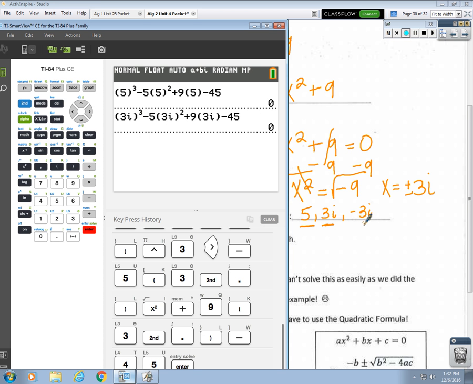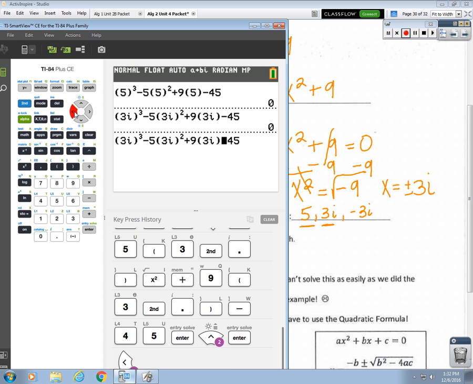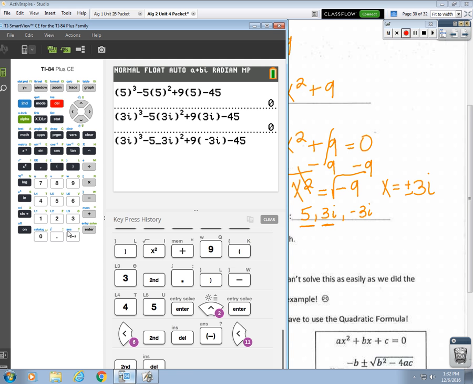Now I'm going to check to make sure negative 3i is indeed my third solution. So instead of retyping all of this in though, I'm just going to go up and copy and paste it. And then I'm just going to go back to each 3. And I need it to be negative 3, so if you hit second, insert, negative, it'll put a negative in front. And then you don't have to type it all back in. So second, insert, negative. Oops, I put it in the wrong place.